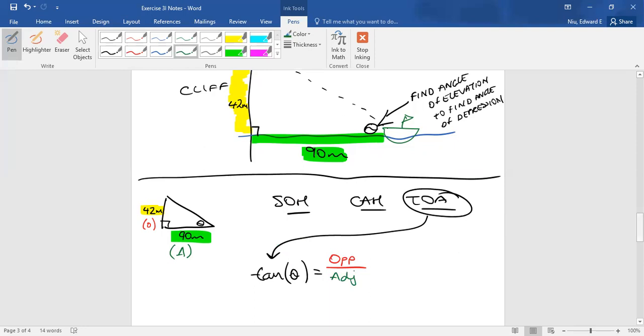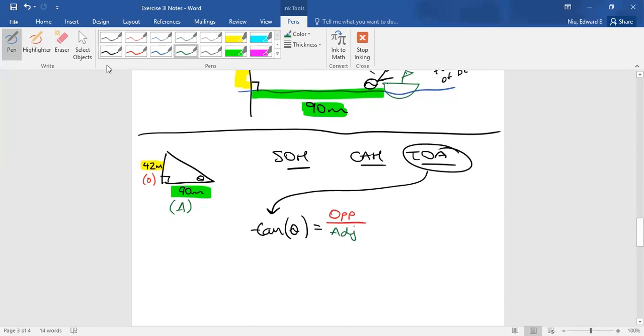And what we're left with is a situation where we've got to sub in our values from the triangle on the left. So tan theta is still a mystery because we're trying to find that interior angle, which is our angle of elevation. Our opposite side is 42 meters, so we sub in 42 instead of opposite. And our adjacent is 90 meters.